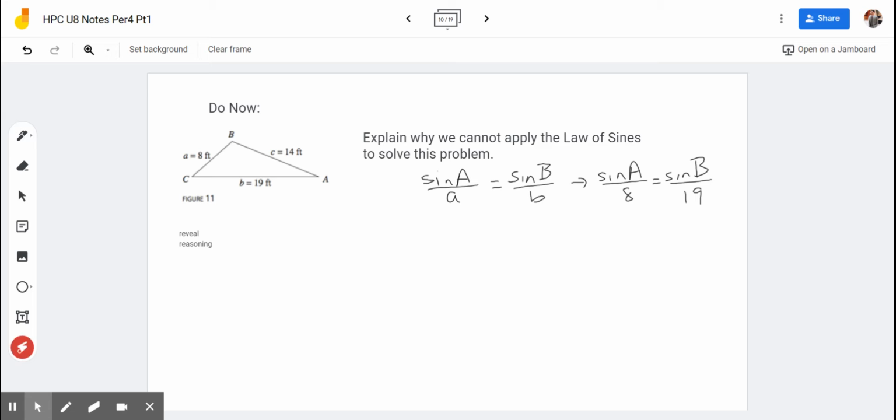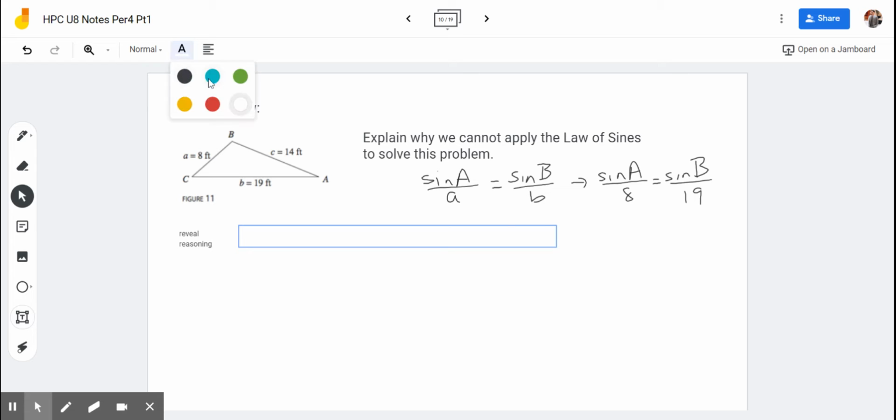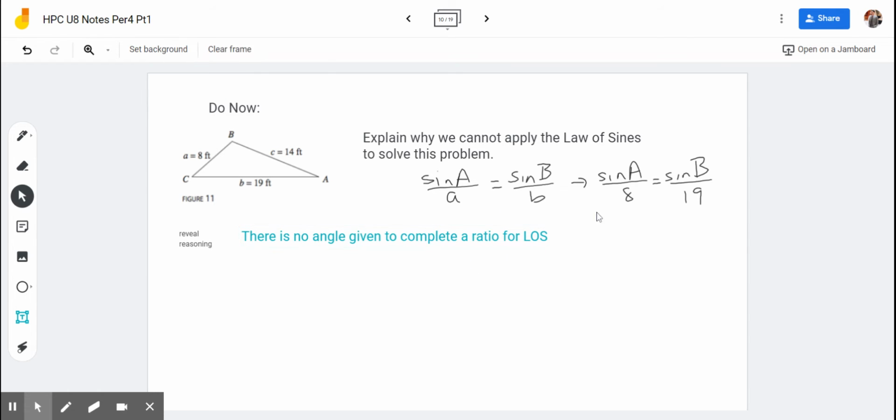We have two variables, A and B, so it won't work. There's no angle given to complete the ratio using the law of sines. Even if we tried to use C, we would have the same thing.